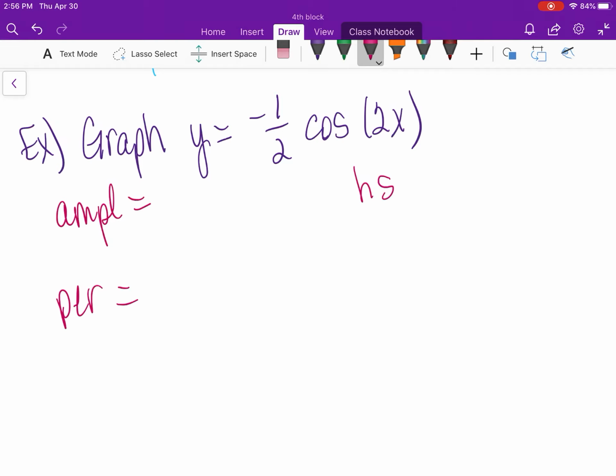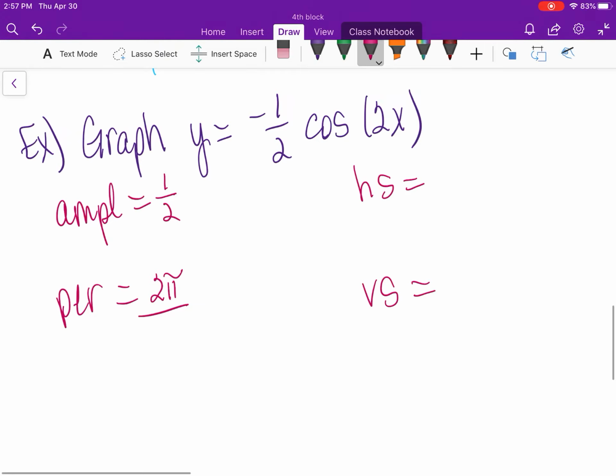So once again, I need to find those key parts: the amplitude, the period, the horizontal shift, and the vertical shift. So my A value is -1/2, but if I take the absolute value of that, that's going to give me an amplitude of 1/2. So that means my maximum will be at 1/2 and my minimum will be at -1/2.